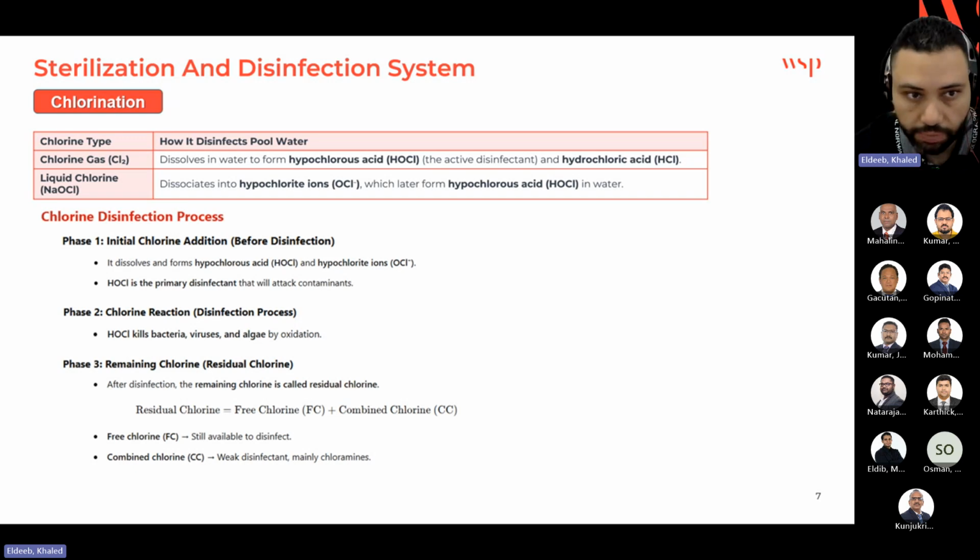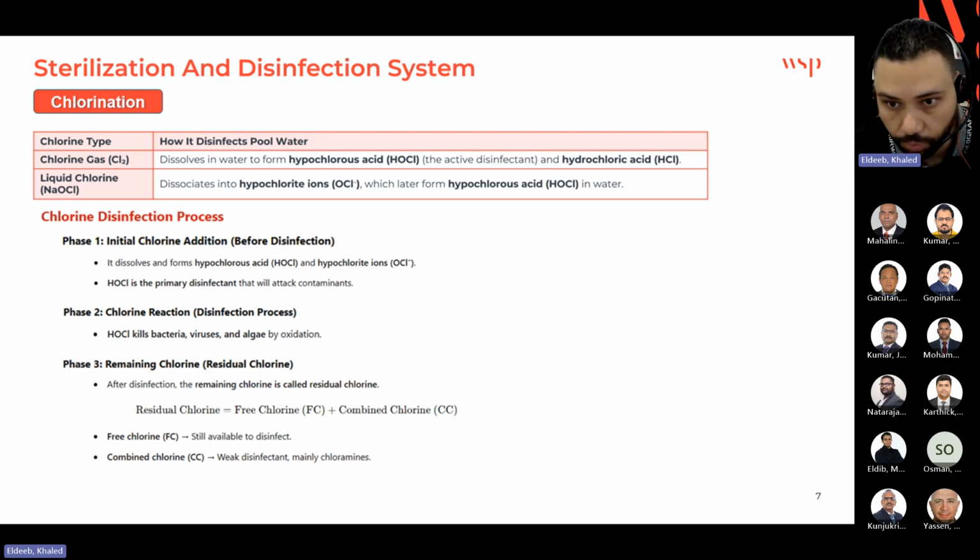Let's call it free chlorine, because it is difficult to say the chemical part. It releases the free chlorine, which is the most effective disinfectant that kills all harmful bacteria, viruses, and microorganisms. So this is the main one killing the viruses, the free chlorine or hypochlorous acid.